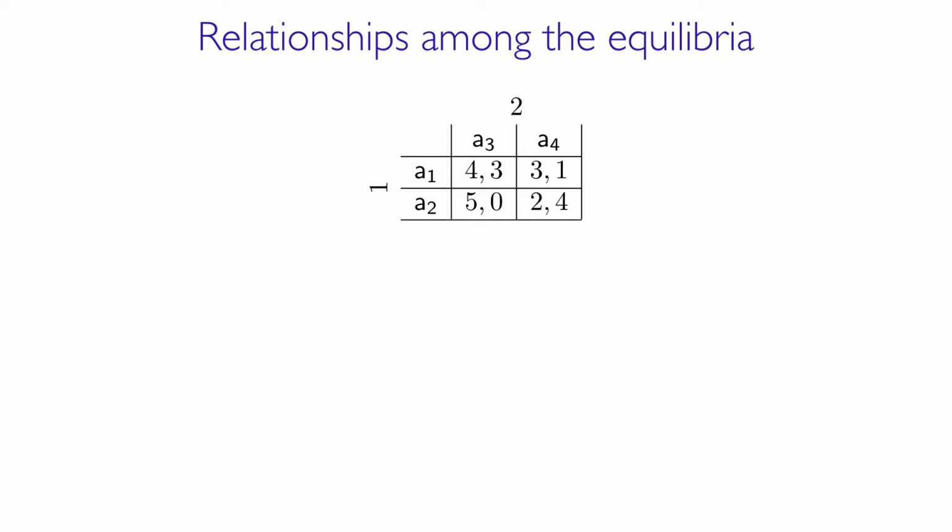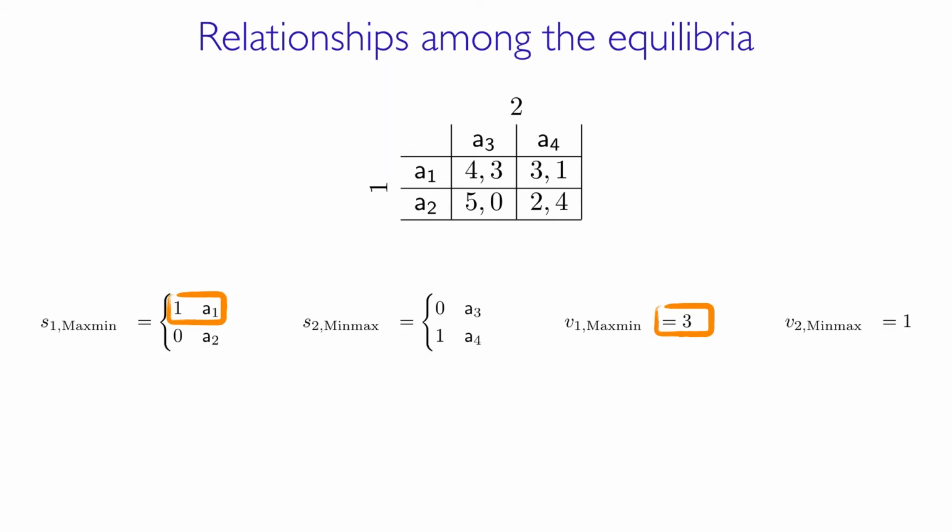In this example, we can observe the relationship between the equilibria. Assume that player 1 has no information on player 2, and thus she plays her max-min strategy to maximize her utility in the worst case. This corresponds to playing action A1, and her utility is 3.